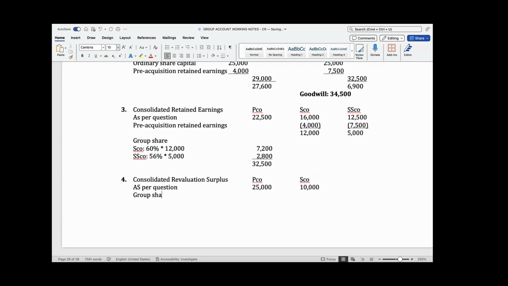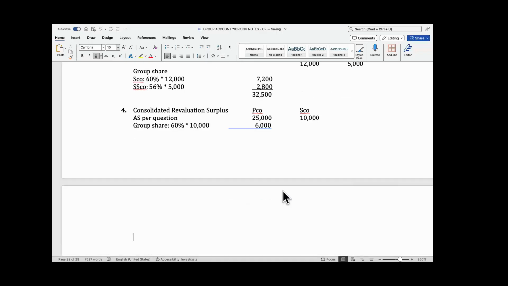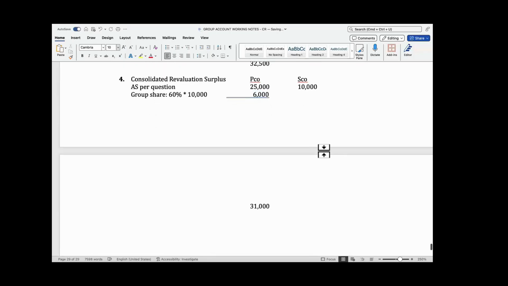So the group share is 60% times 10, that's 6,000. Then 31,000. Then non-controlling interest in ESCO and in SSCO.